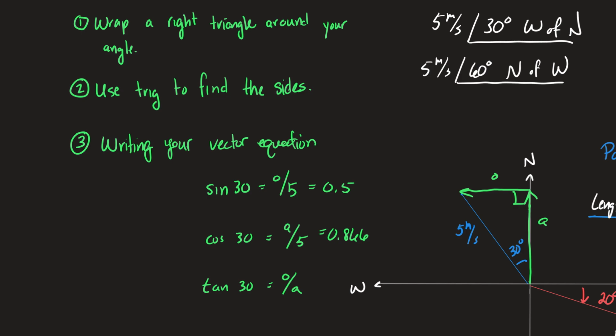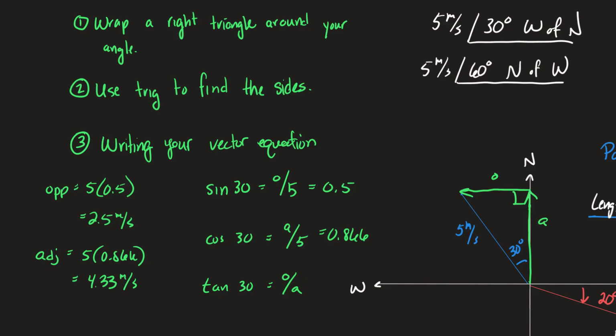So when I solve for the opposite side, I get 5 times 0.5, which is 2.5 meters per second. Any questions where I got any of that? We sure? Okay. So going to the next one. I'm going to have the adjacent side equals 5 times 0.866, which is 4.33 meters per second.